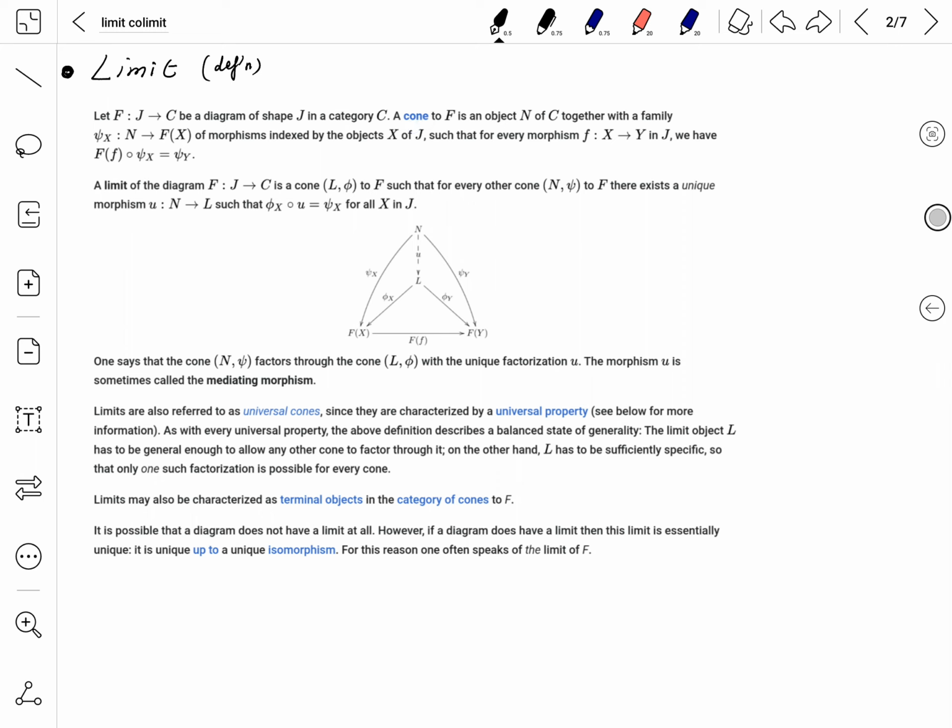A cone to F is an object N of C together with a family of morphisms c_X from N to F(X), indexed by objects X of J. This object N together with the family gives what is called a cone.